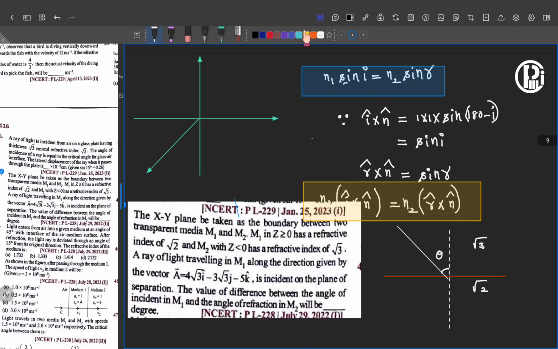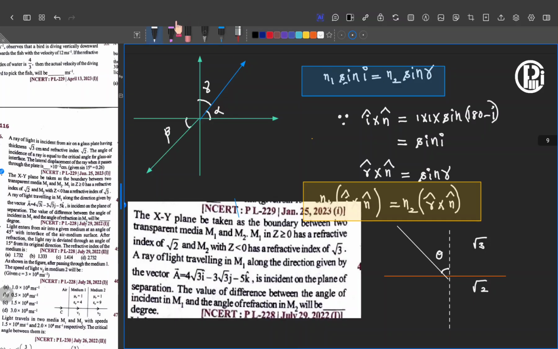If I take a vector passing like this in a 3-dimensional space, and it is making angle alpha with the x-axis, gamma with the y-axis, and beta with the z-axis, then you can write this.